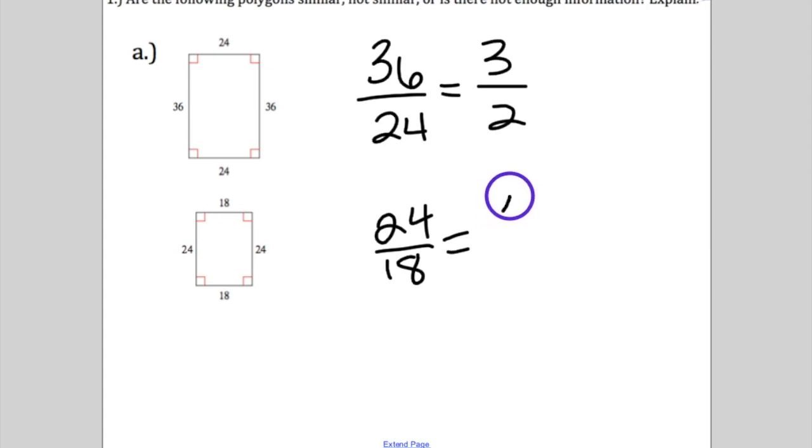And we would get 4, and 6 goes into 18 3 times. And so we're asking ourselves, are these sides proportional? Do they reduce the same thing? And the answer here is no. They are not equal. So the final answer here for problem A is not similar.